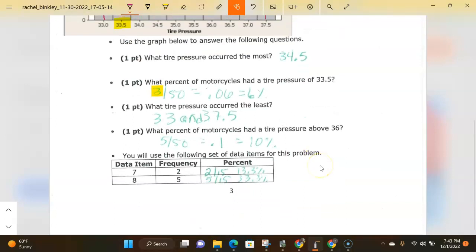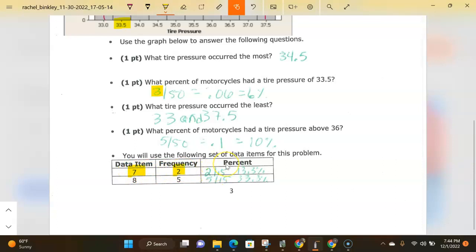Then this next one is use the following set of data items for this problem. What the frequency means is how often it occurs. So if you look at this first part in the table, it says we have the number 7, and that happens twice. So that means there's actually 2 7s.